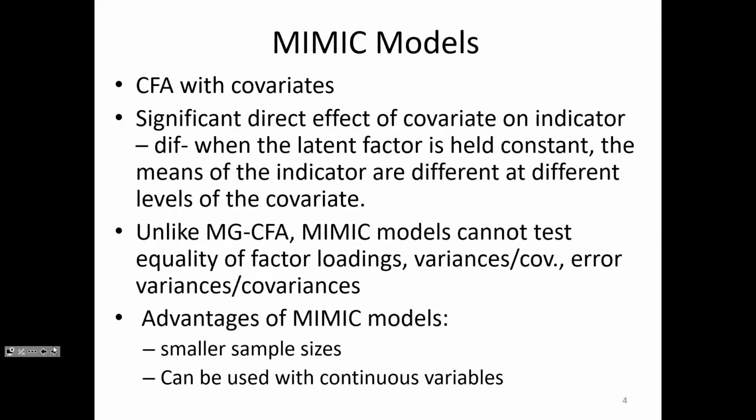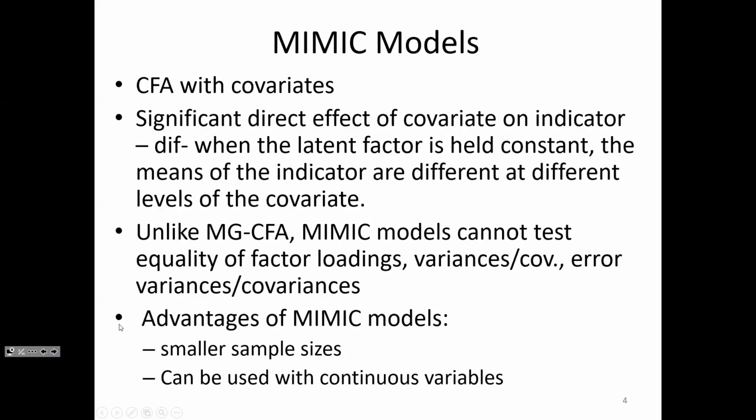All right. I think we talked about, no, we didn't talk about MIMIC models last time. So there are simpler ways. This is important because sometimes you don't have a big enough sample size, as we've talked about, to do a full-on multiple group model, right?